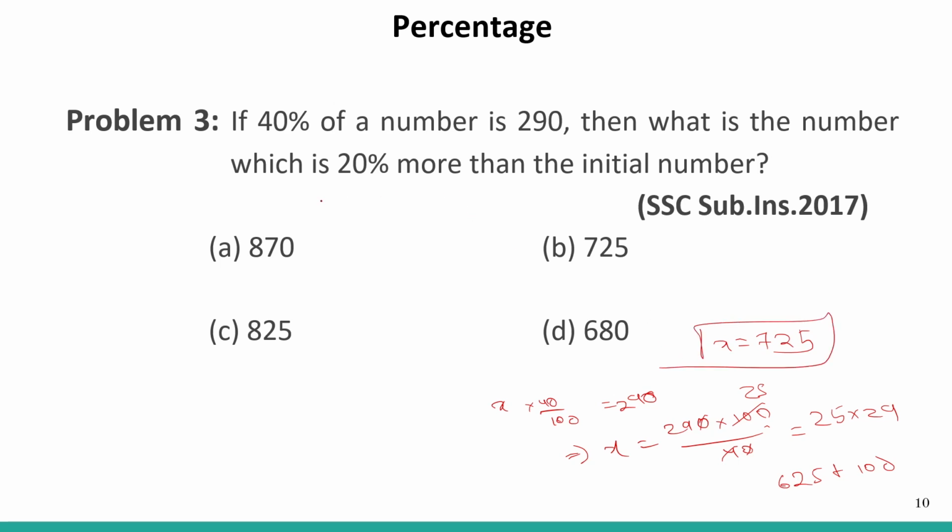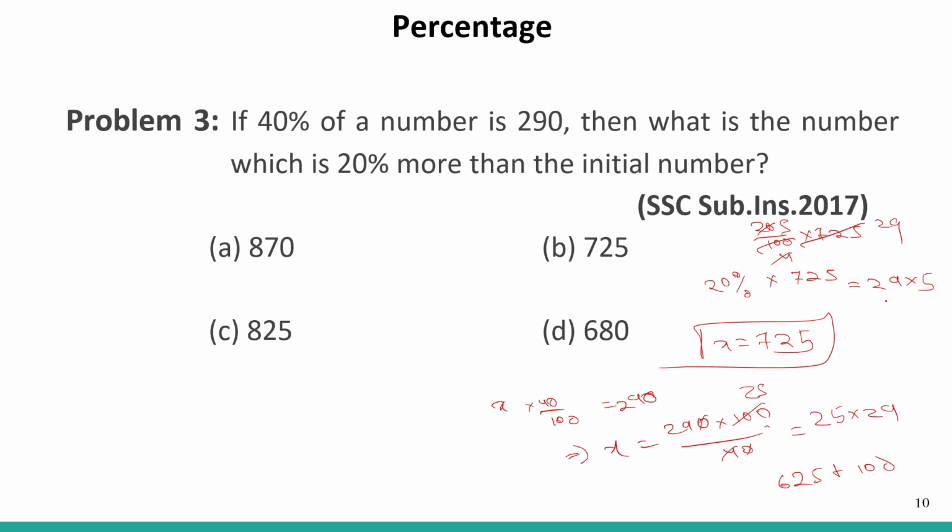So what we need is the number which is 20% more than the initial number. So 20% of 725: 20 by 100 into 725. So this is 29, and dividing by 25, we are left with 4, so 4 means 5.